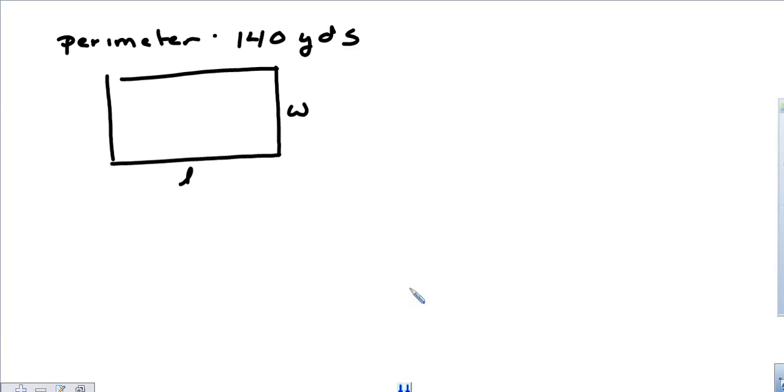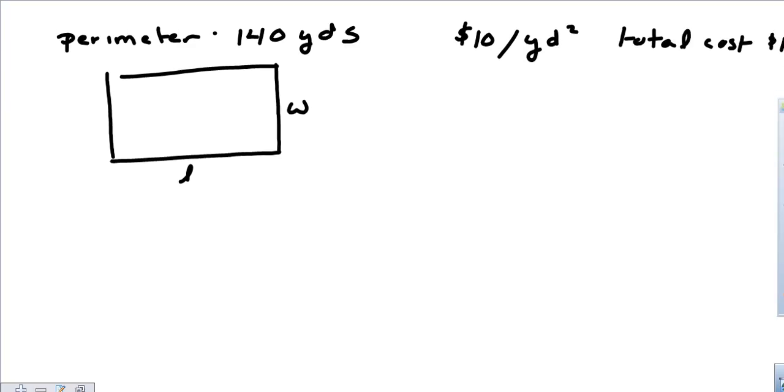Let's say that this is land and I want to buy this, and it costs me $10 per square yard. I have a total cost of $12,000. I want to know what are the dimensions of my rectangle.